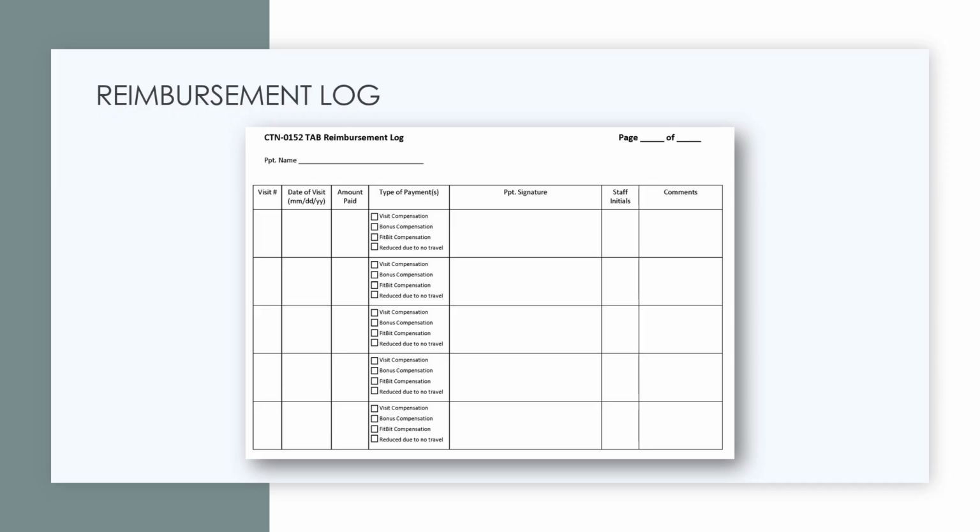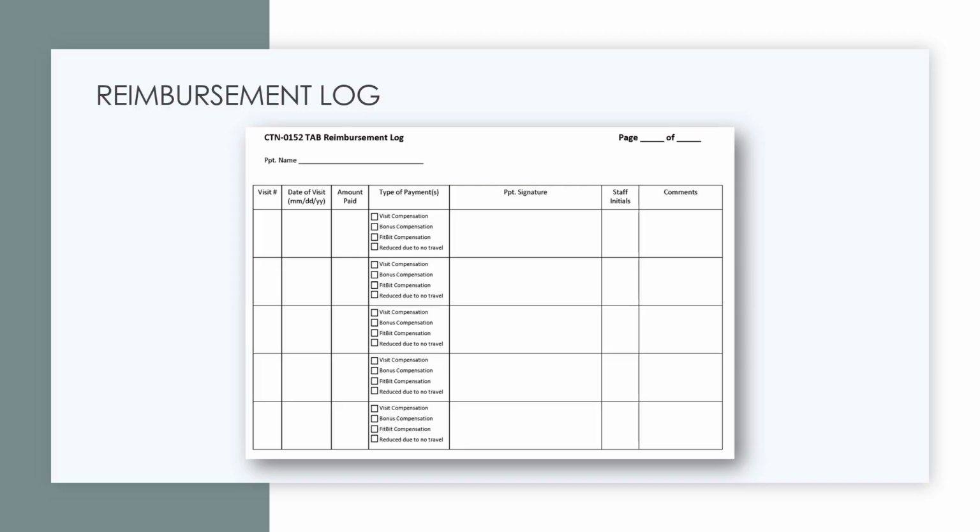Remember that if a weekly visit is extended by combining with a month 1, month 3, or month 6 visit on the same day, the participant is only reimbursed once with the amount designated for the combined extended visit. In this case, staff would enter both visit numbers on the same line and indicate that this was a combined visit in the comments column.